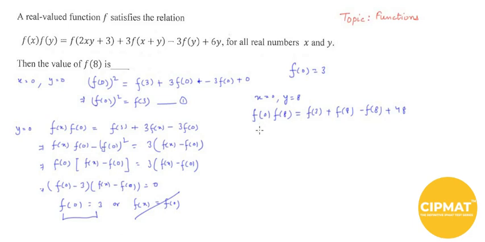Now f(0) is 3 and f(8) is what we want. f(3) can be written as f(0) squared, that is 9. These two get cancelled and we have 48. So f(8), if we solve this equation, we get 19. So the value for f(8) over here will be 19.